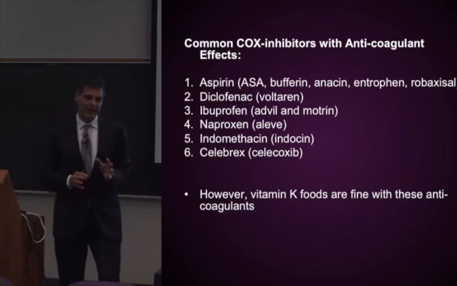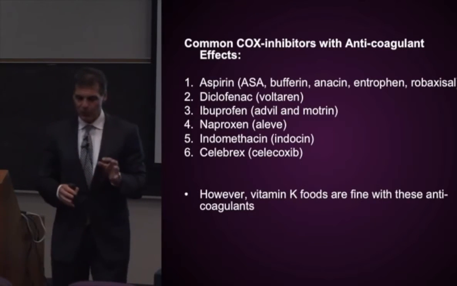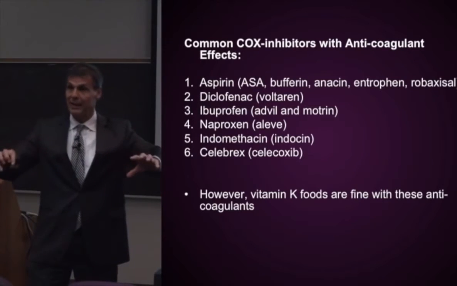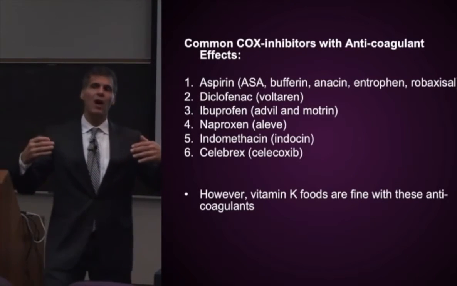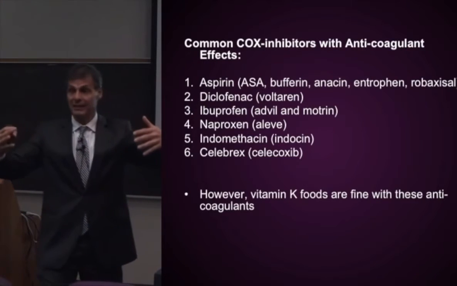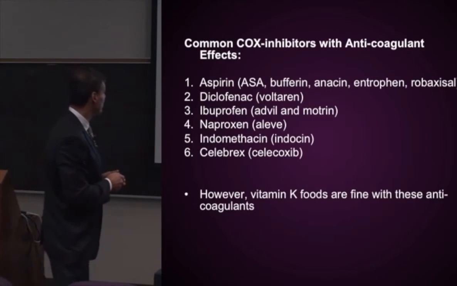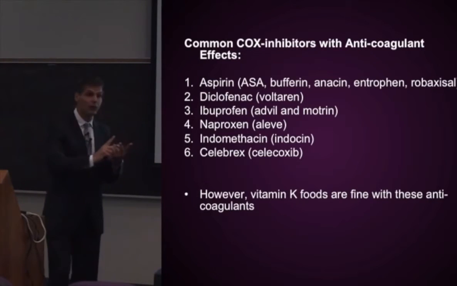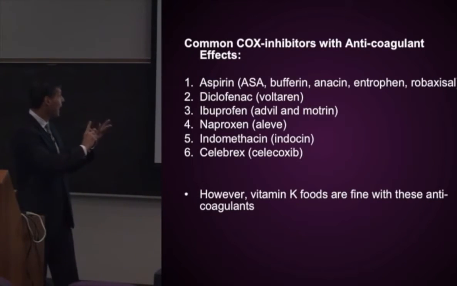That means this: if the person's on Plavix, warfarin, or Coumadin, they have an anticoagulant effect using the mechanisms I've shown you. You can also add to the anticoagulant effect when you give people non-steroidal anti-inflammatory drugs like aspirin, Entrophen, Voltaren, which is diclofenac, ibuprofen, naproxen, indomethacin, Celebrex.